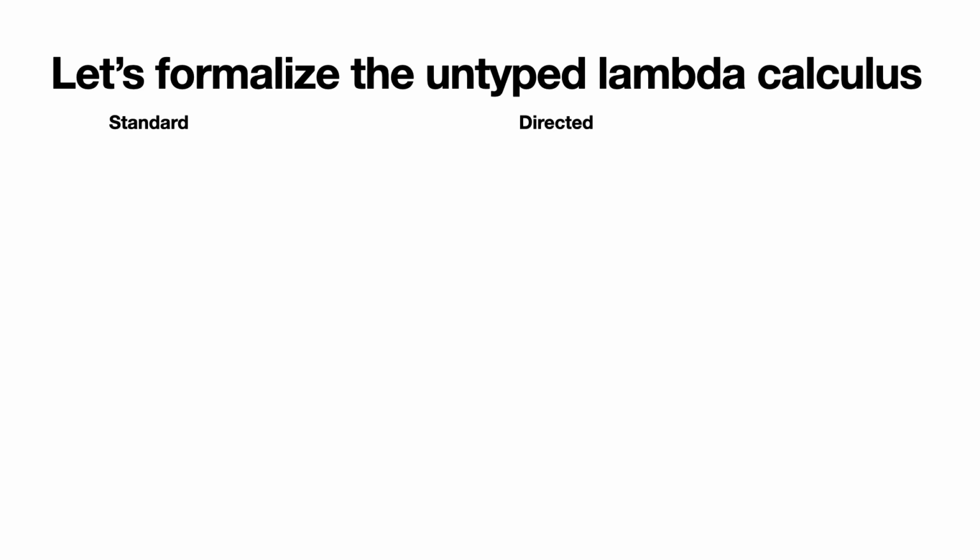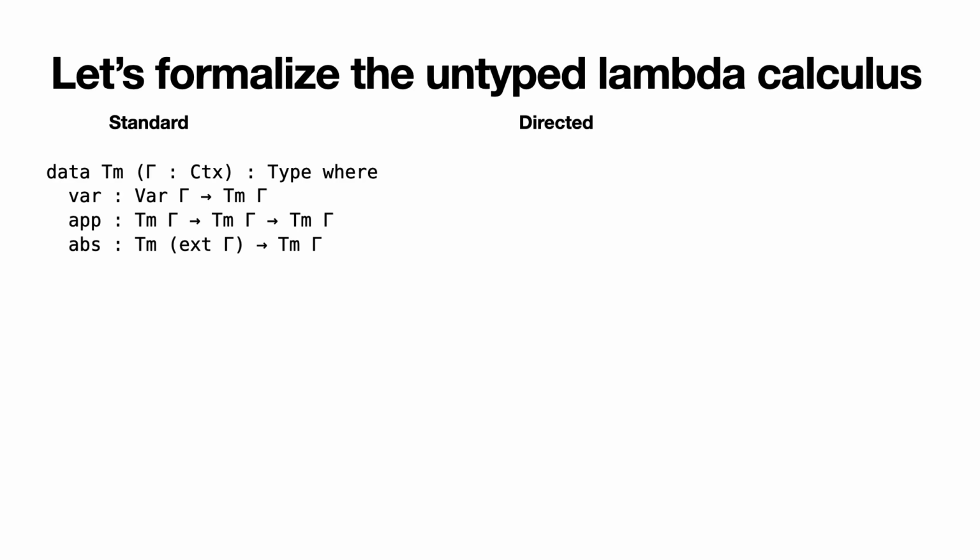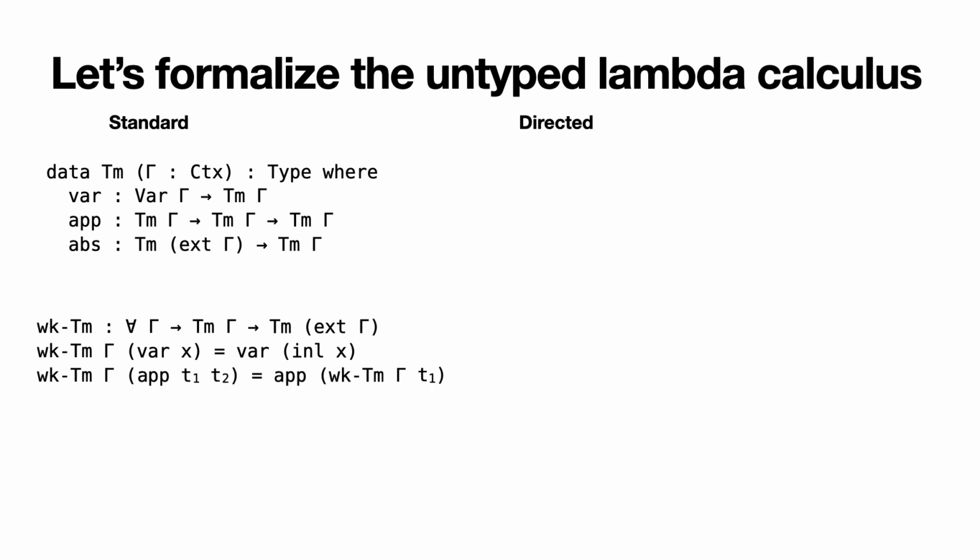So now let's try to define how to weaken terms. Doing this without directed type theory, we need to give a function that goes from Term gamma to Term x gamma. And we're going to do it by induction. In the variable case, it makes sense to just include the variable by using inl. For the application case, we just weaken both terms.